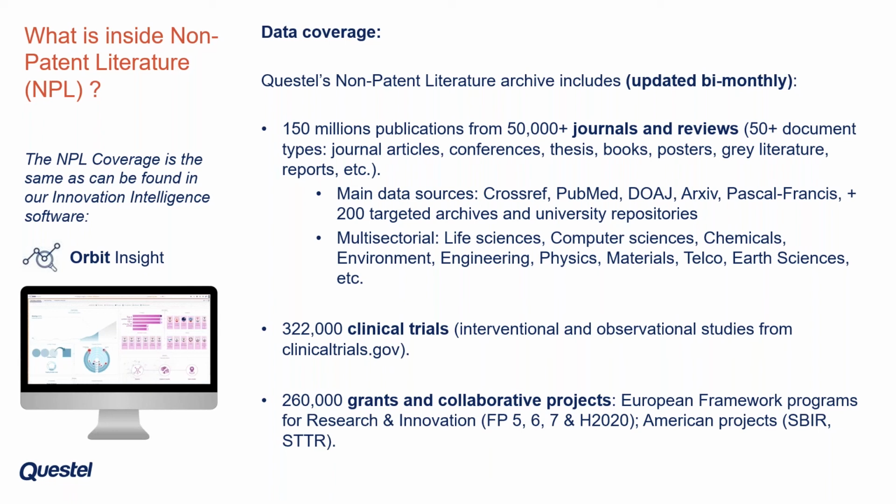As of today, it includes 150 million publications from more than 50,000 journals and reviews, and more than 50 document types such as journal articles, conferences, theses, etc. The main data sources are Crossref, PubMed, DOAJ, Arxiv, Pascal Francis, and more than 200 targeted archives and university repositories. It is also multisectoral: life science, chemicals, environment, computer science, etc.